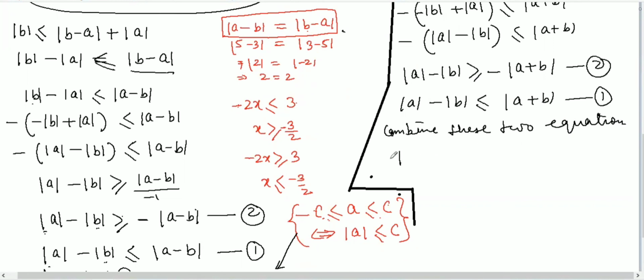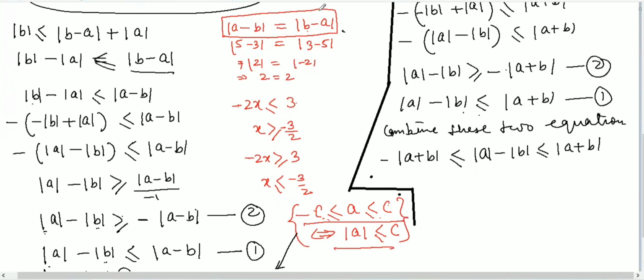So minus of the absolute value of A plus B is less than or equal to the absolute value of A minus the absolute value of B, and this is less than or equal to the absolute value of A plus B. Now from the properties of absolute value of real numbers, use this one.